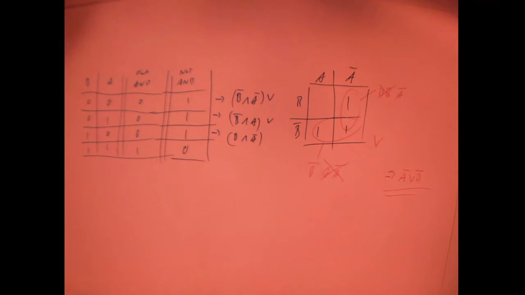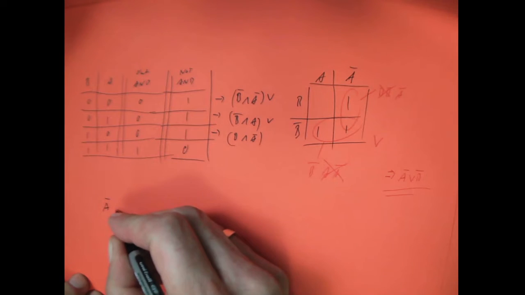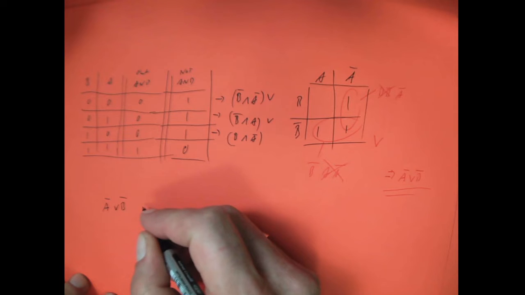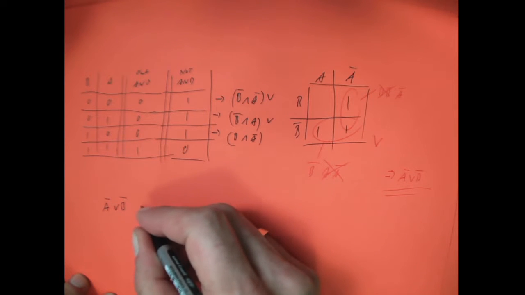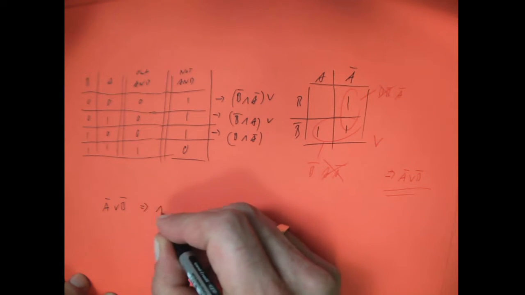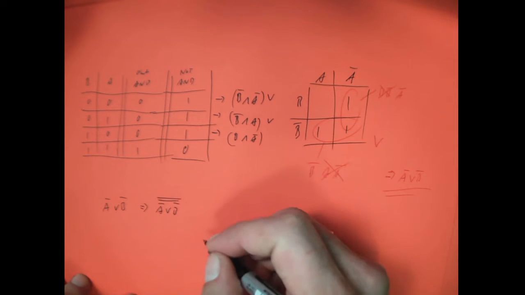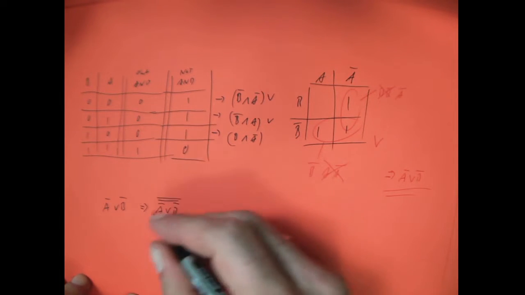Let's take the last solution, the one which we created here. So we have A not or B not. And if we do the DeMorgan law again, then we can make the following: A not or B not, and we do a double negation over the whole block.